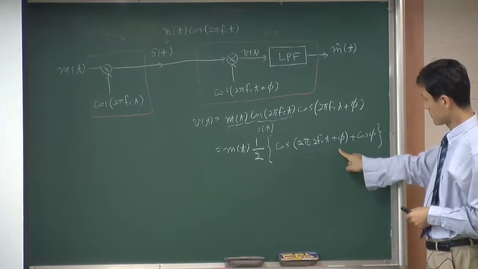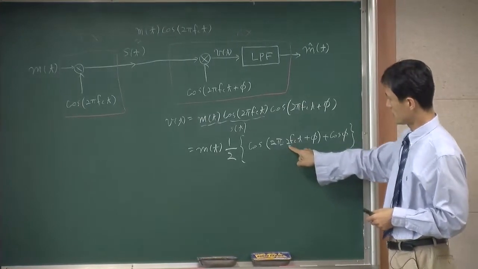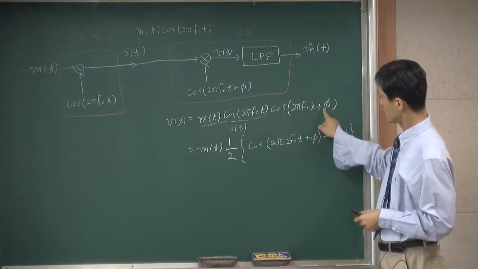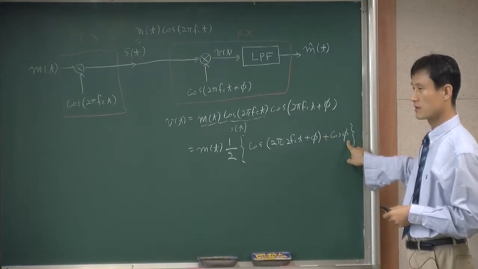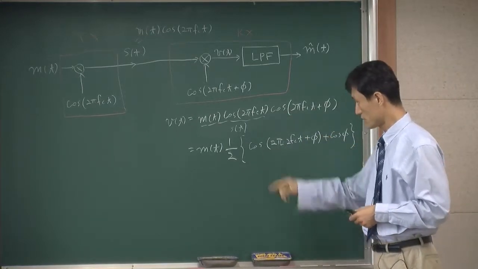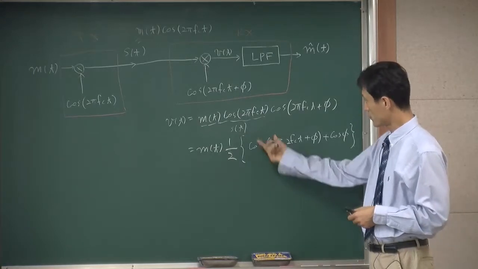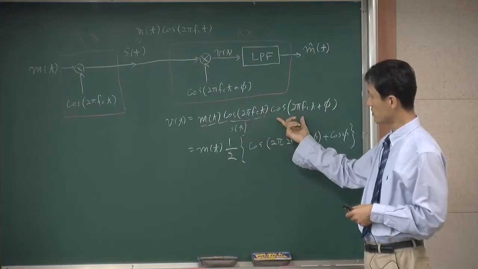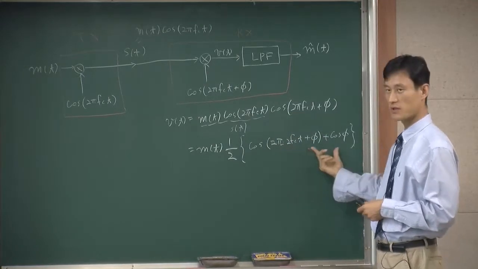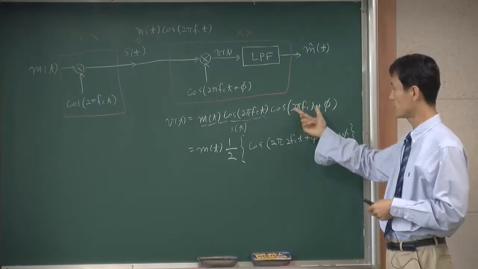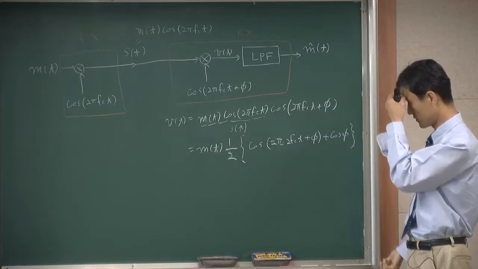Look at this first term. This first cosine is going to be the addition of the cosine parameters, and this one is a subtraction. So using that identity, you are changing the multiplication of cosine times cosine into cosine plus cosine. It's a multiplication changed to addition of these two.